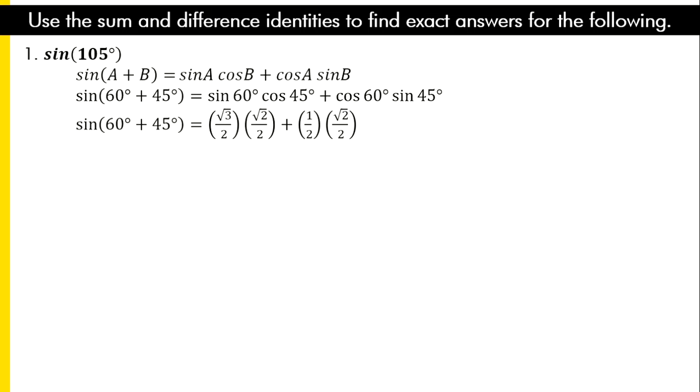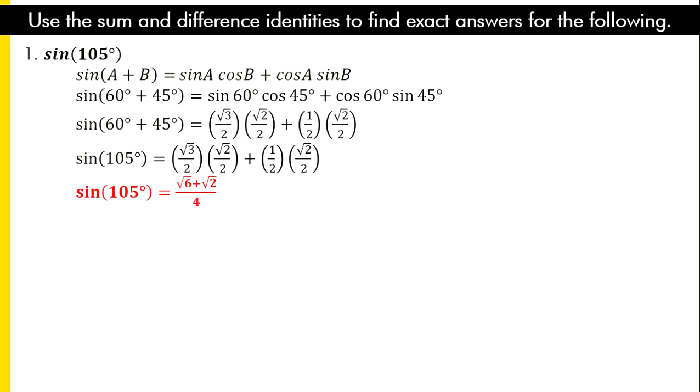Applying the concept of radicals, for sine 105 degrees we have the square root of 3 times the square root of 2, that is the square root of 6, over 4, plus 1 times the square root of 2, which is square root of 2, over 2 times 2, which is 4. So the result is square root of 6 plus square root of 2 all over 4. As you can see, we use the special angles to identify the answer without using the calculator. Let's have another one.